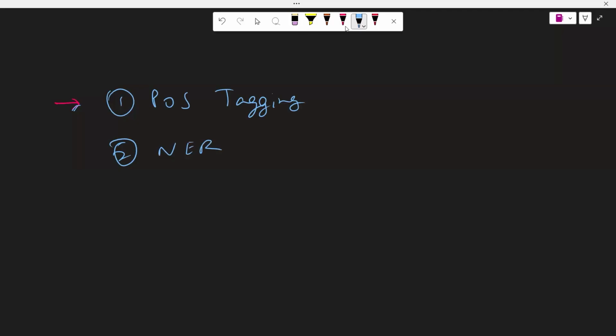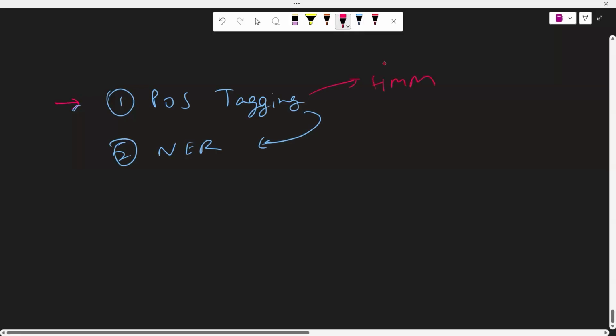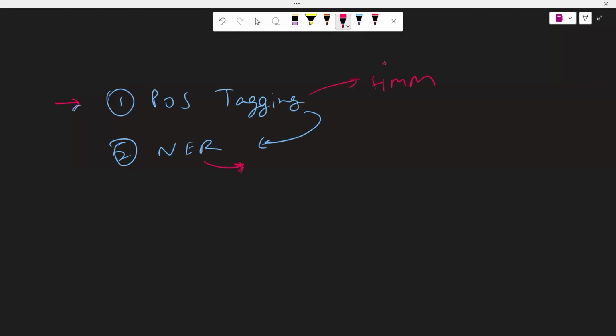NER is a special case of part-of-speech tagging where we identify the named entities. We also discussed the different models which can help us do this. Part-of-speech tagging is performed by hidden Markov models. NER can be performed by models like LDA, right? And we had discussed that as well.